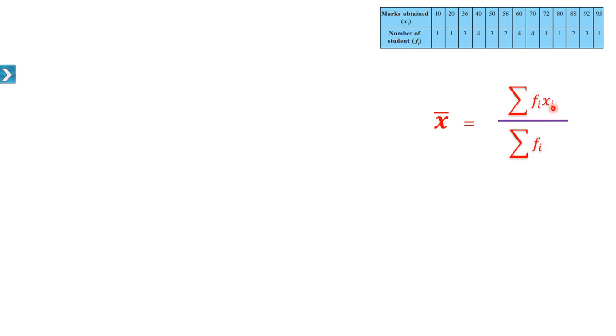So, x i and f i are given here, we have to find f i x i, and after that we have to find sigma f i x i and sigma f i.